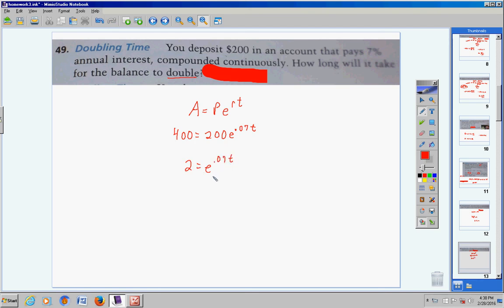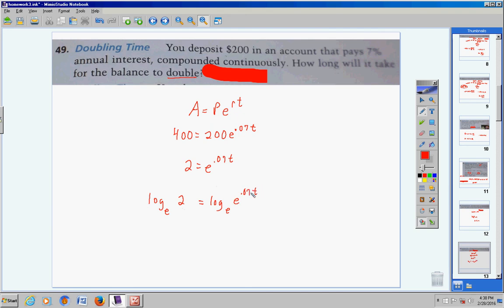Now we're going to take the logarithm of both sides. The base of my unknown is e, so put an e here and an e here. Bring down this entire side.